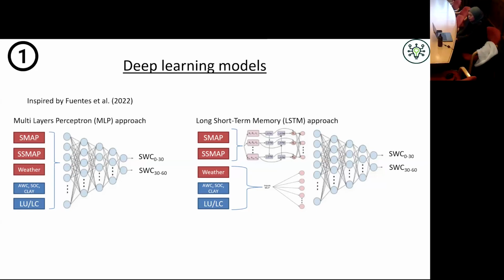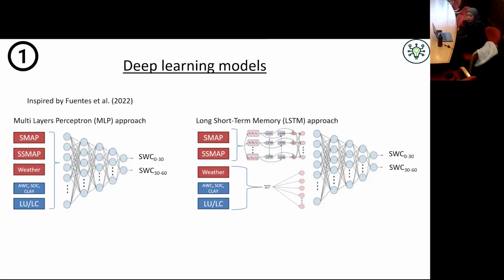So the next step is we use the models that have already been tested in Australia by Ignacio, which are two different deep learning models. The first one is the multi-layer perceptron approach, and the second one is the long short-term memory approach.